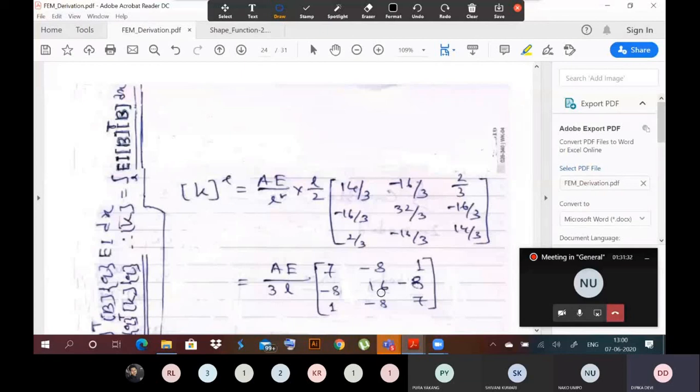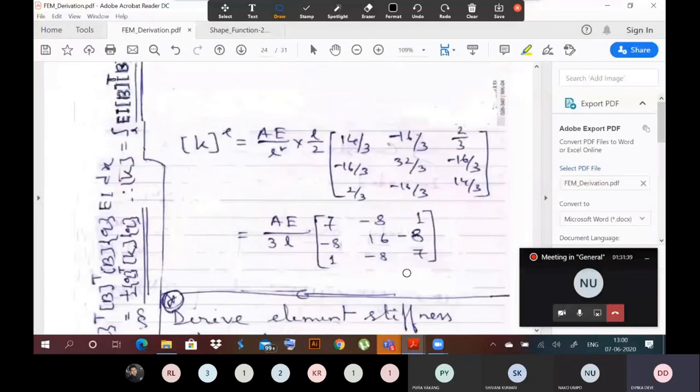Similarly, we can derive the stiffness matrix for a beam element. For the beam element, we have derived B. B is equal to 6 xi by L square, (3 xi minus 1) by L, minus 6 xi by L square, (3 xi plus 1) by L. Then in case of B, what will be C? That is important.